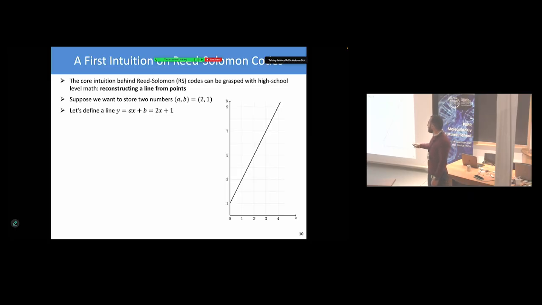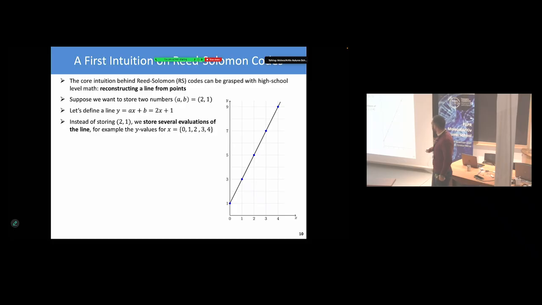Let's define a line using these numbers: y equals 2x plus 1, which is this line you see here. Now, instead of storing 2 and 1, I will store evaluations of this line at distinct x values. So for x equals 0, 1, 2, 3, 4, I will evaluate this line and store the evaluations.